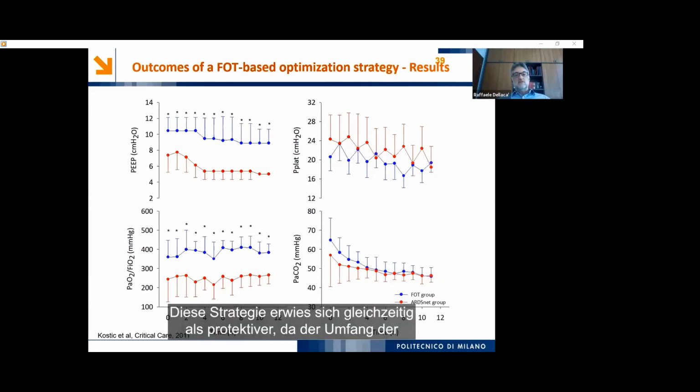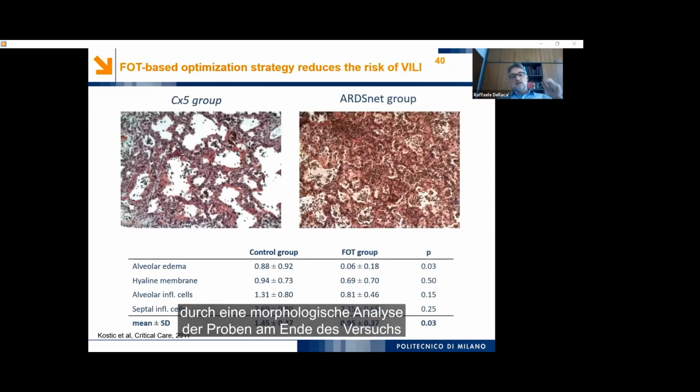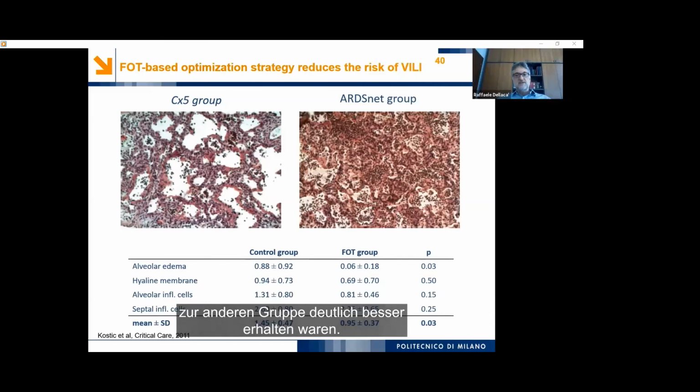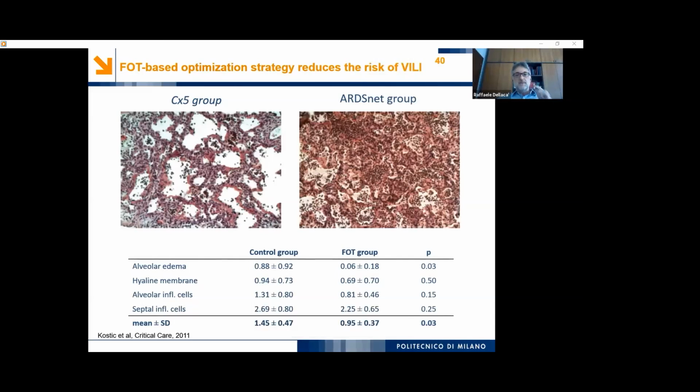This strategy was also confirmed to be more protective, as the damage identified by morphological analysis of the samples at the end of the trial shows that the FOT optimized group lungs were much better preserved compared to the other.